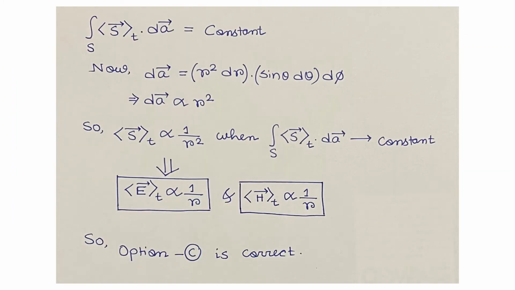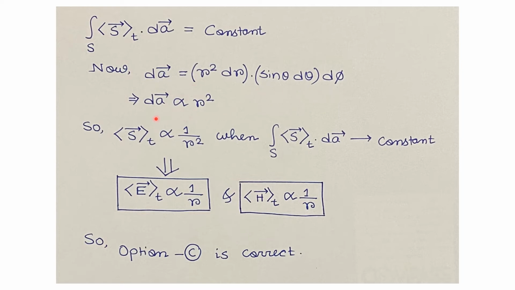Now, according to the question, the surface integral of the time averaged Poynting vector is constant. In the surface integral, this dA vector is the differential surface area vector. Now, if we represent this dA vector in the spherical polar coordinate, then it will become r square sine theta d theta d phi.